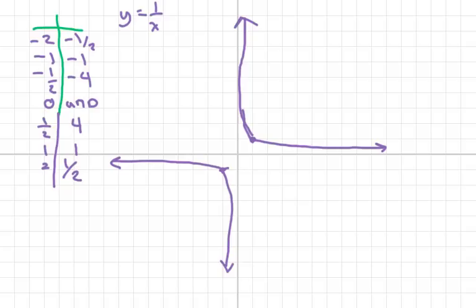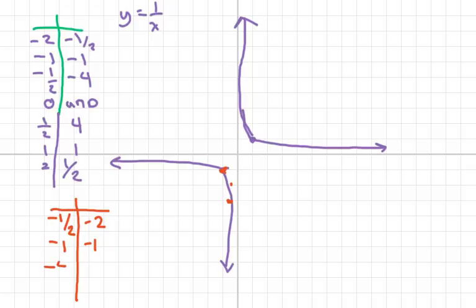Now when you switch this for the inverse, I'll do this one in red, negative 1/2 goes to negative 2. Negative 1 goes to negative 1.